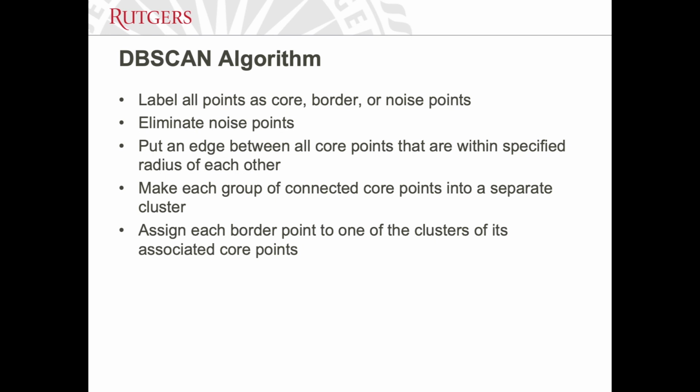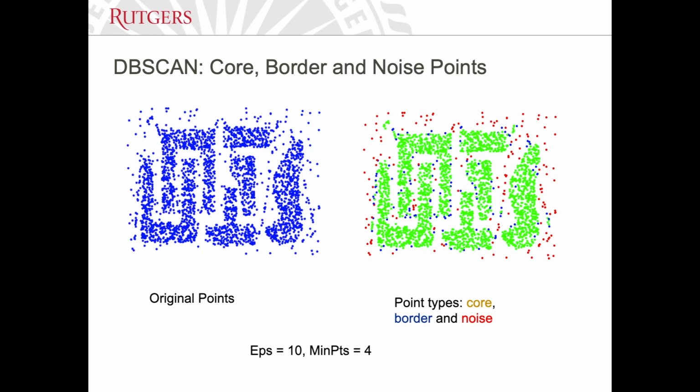Noise points are discarded. Here is a graph to illustrate how the points are assigned to the core, border, and noise points. So based on the predefined radius, which is 10 in this case, we can see clearly the separation of the points.